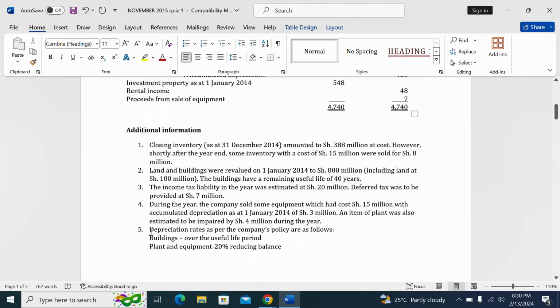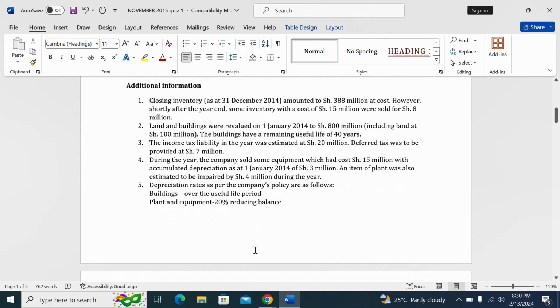Number 5, depreciation rates as per the company's policy are as follows. Buildings over the useful life period, plant and equipment 20% reducing balance.